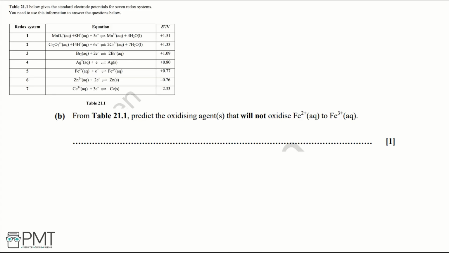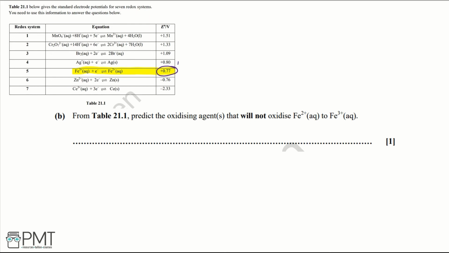Part B. From table 21.1, predict the oxidizing agent or agents that will not oxidize Fe2+ aqueous to Fe3+ aqueous. So what we want is for Fe2+ to be oxidized to Fe3+ initially. So that means you're going to need an electrode potential that's greater than plus 0.77.